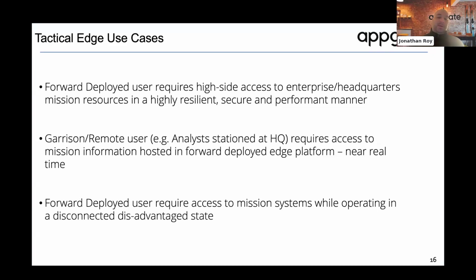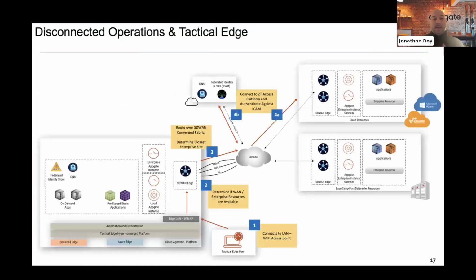And the last one is the critical piece where the forward deployed user needs to be able to operate while those backhaul connections are disconnected. So again, you've lost access to the internet, you've lost access to the normal WAN infrastructure, and how do you do that? So this is a very simplistic view on how we've achieved that with AppGate.